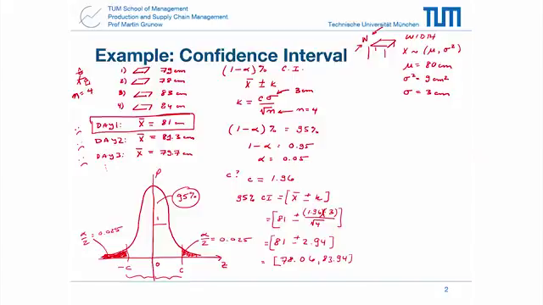So, what does this mean? The customer has come in. He measures an X bar on day 1 of 81 centimeters. This is a random variable. We give him a 95% confidence interval. This means we need to find a constant value from our tables of 1.96.